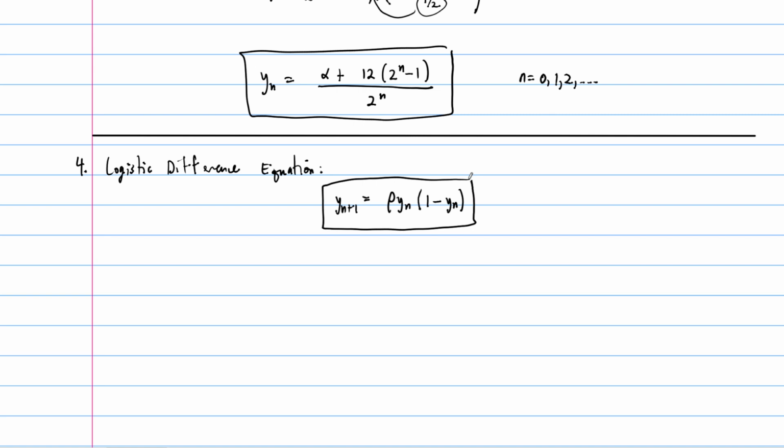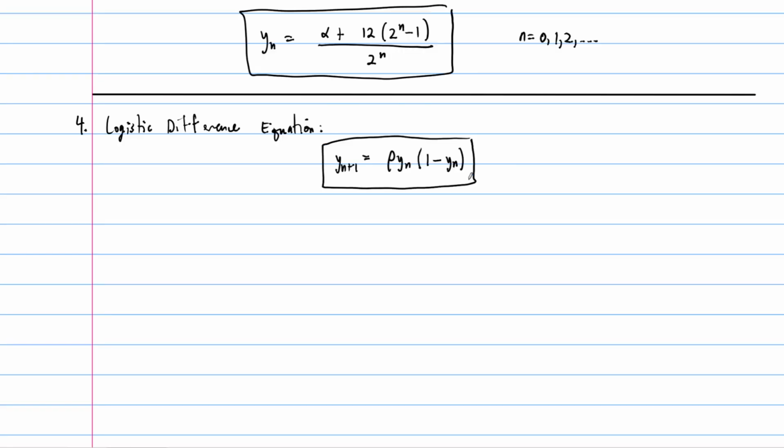All right, so this is a logistic difference equation. What I would like us to do for this one, another one I'm going to let you work out real quickly, is to show that an equilibrium solution is given by y sub n equal to rho minus 1 over rho.